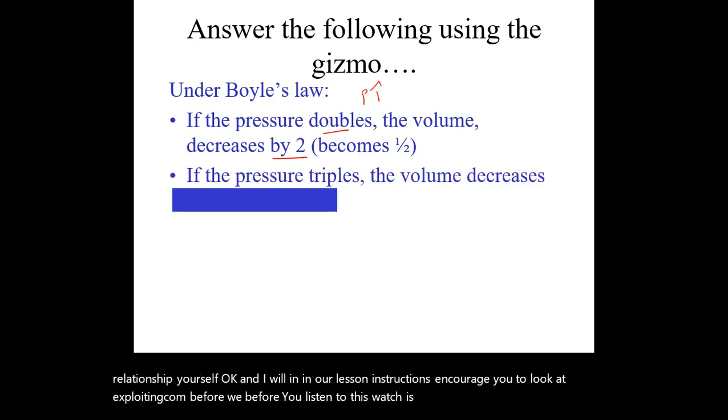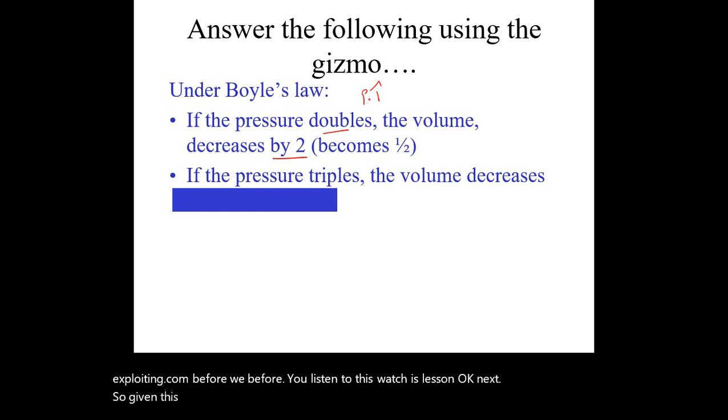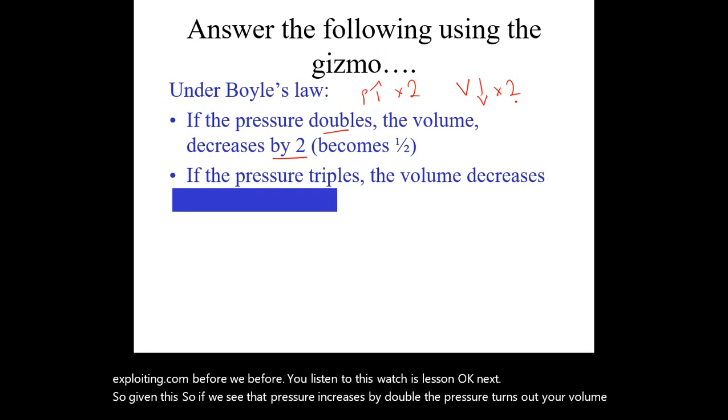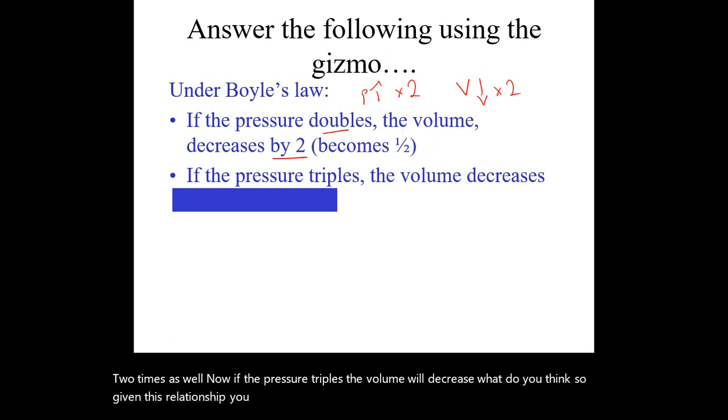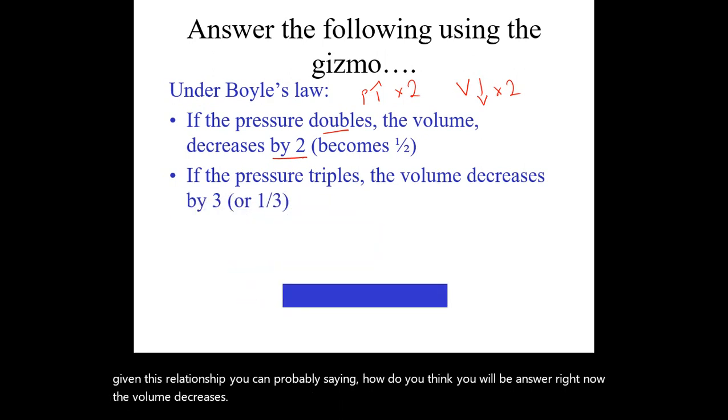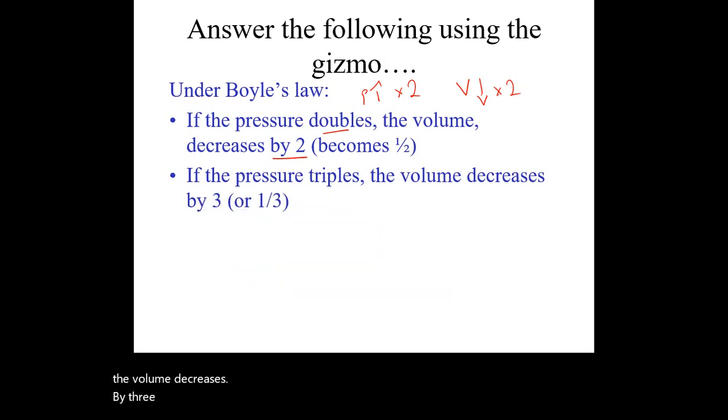Given this, if you've doubled the pressure, your volume will decrease 2 times as well. Now, if the pressure triples, what do you think the volume will do? The volume decreases by 3, or by a third.